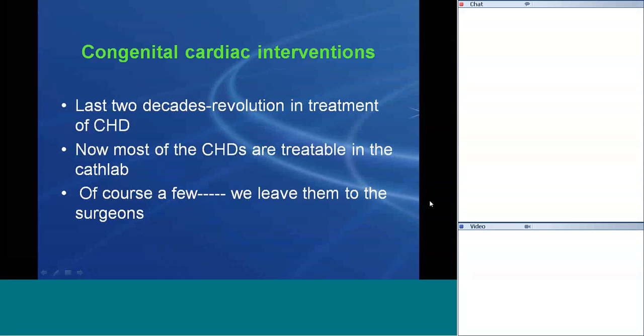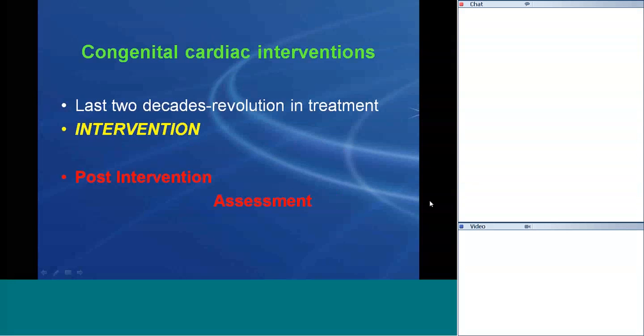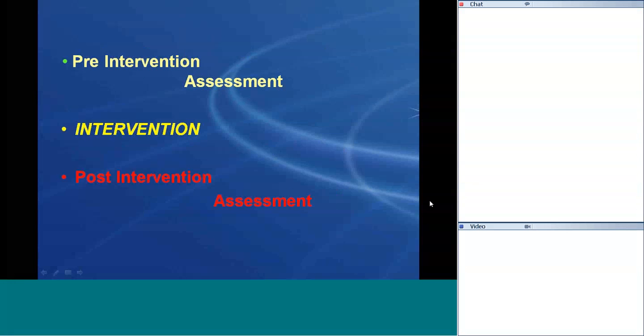In the last 2 decades, there has been a real revolution in treatment of congenital heart disease, and now most congenital heart disease is treatable in the cath lab. Of course, a few we leave to our surgical friends. In any intervention, there should be 3 parts: pre-intervention assessment, the intervention per se, and the post-intervention assessment.